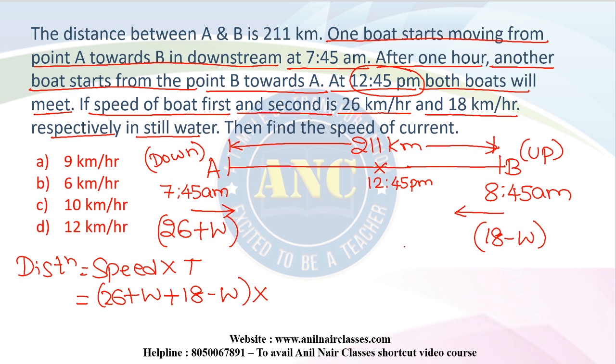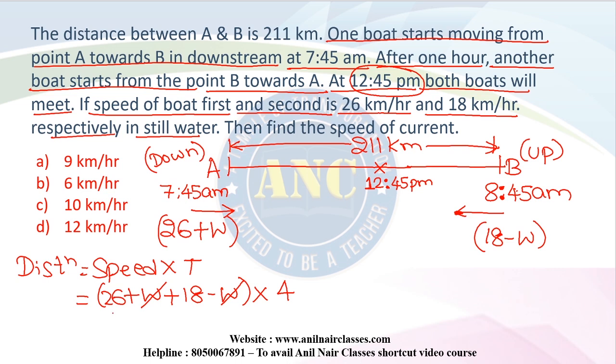Can I say that this speed is calculated as relative speed only after the second boat starts at 8:45? That means from 8:45 they both traveled for some time and they met at 12:45. From 8:45 to 12:45, how much time have they traveled? They have traveled for 4 hours. I hope you are understanding.